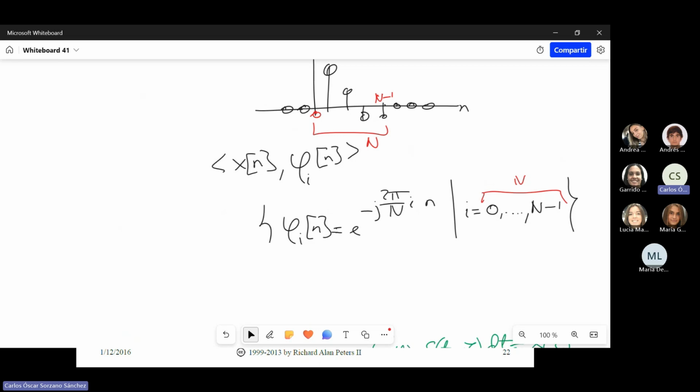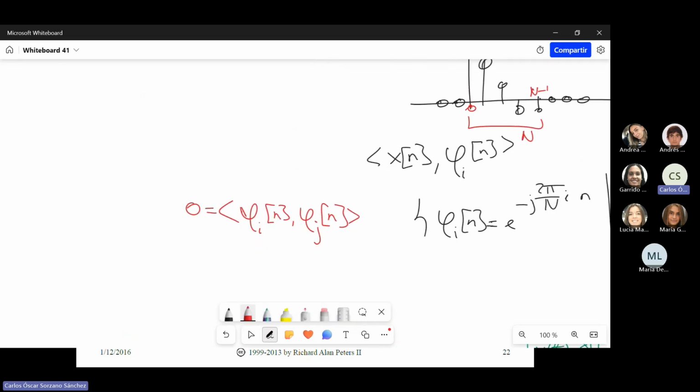Then there is another constraint that is part of orthogonality. It says that if you take any one of these bases and you multiply by another one, then this will be 0 if i is different from j.